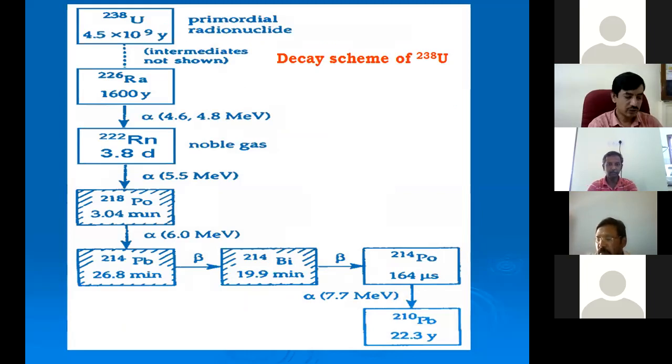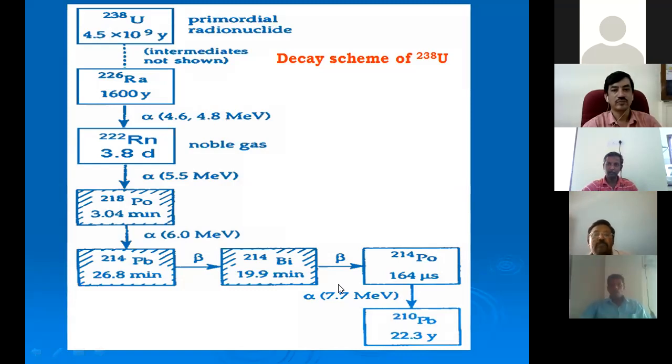Uranium is one of the primordial radioactive elements present in nature. There are three primordial radioactive series: uranium-238, uranium-235, and thorium-232.